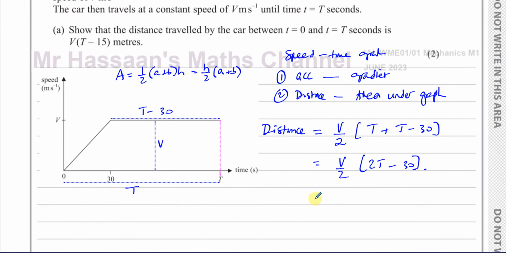Because they say show that, and they've given what it's going to be, we have to make sure we show the steps very clearly. So I'm going to take out a factor of 2 from this bracket. So I have 2 times v over 2, and this will be t minus 15. The 2's cancel out, so we're left with v times t minus 15 meters. So there is our answer. We have shown, as required, that the distance traveled is v times t minus 15 meters.